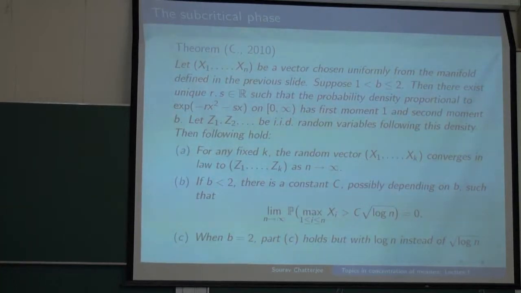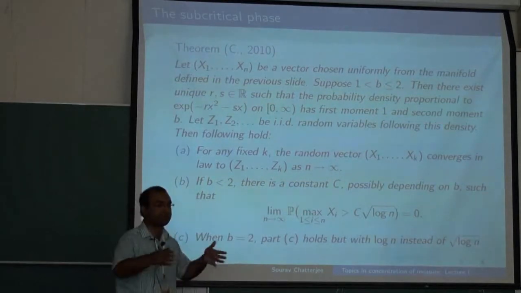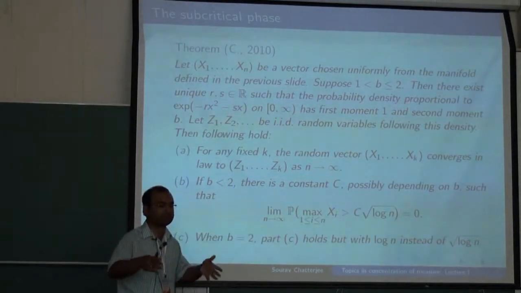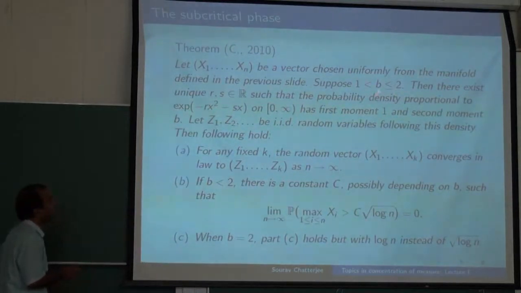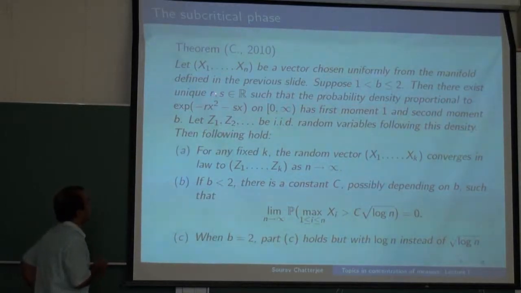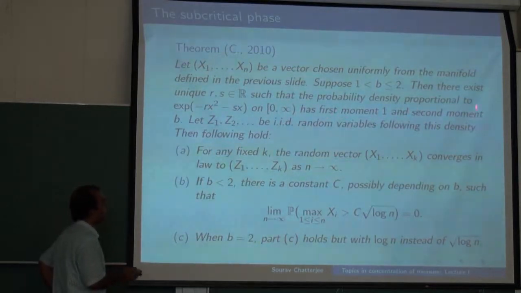So remember, we are choosing x1 to xn uniformly from all positive numbers satisfying summation xi equals n, summation xi squared equals b times n. So suppose b is between 1 and 2, and x is a vector chosen uniformly from this manifold. Then there exist unique r and s, two real numbers, so that if you take the density proportional to this on the positive axis, it has first moment 1 and second moment b.